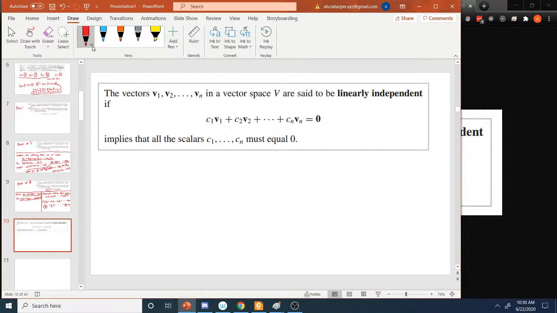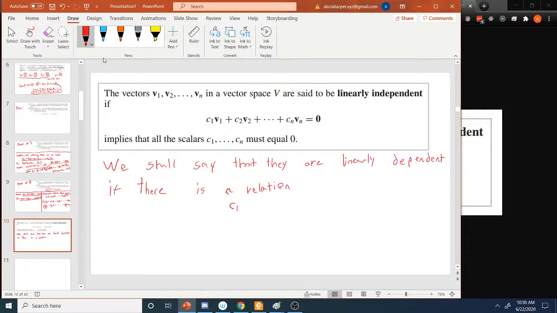And likewise, we shall say that they are linearly dependent if there is a relation C1 V1 plus C2 V2 plus and so on, plus Cn Vn equal to 0 with not all Ci equal to 0.